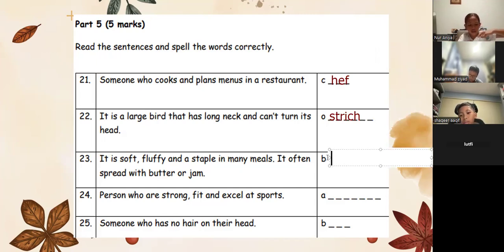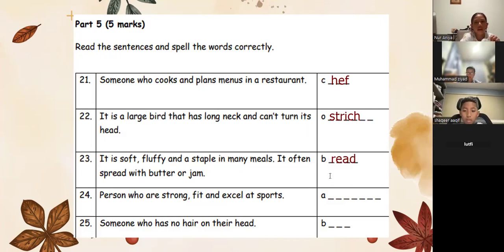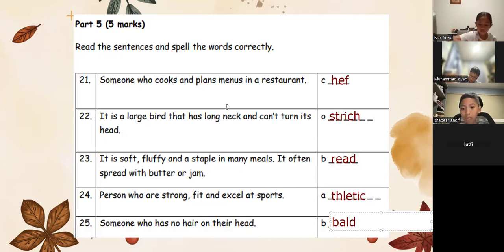Bread. Good. 24. A person who is strong, fit, and excels at sports. Athletic. Okay. Someone who has no hair on their head. Bald. Very good. Correct answer is bald.